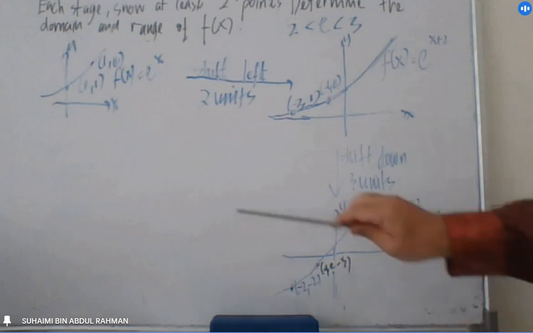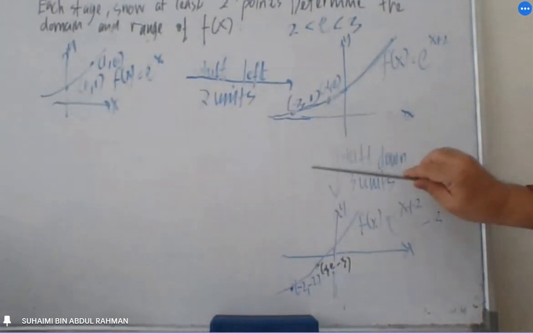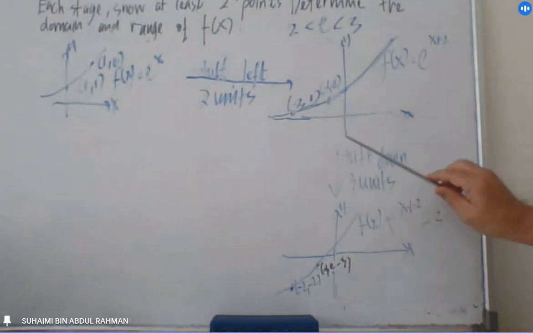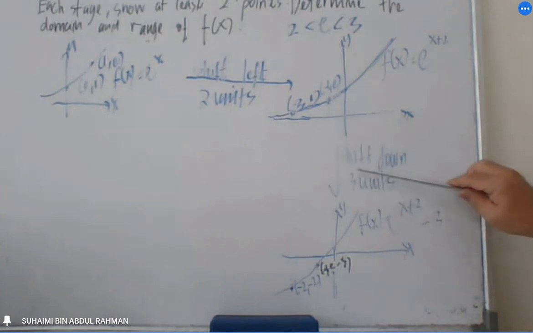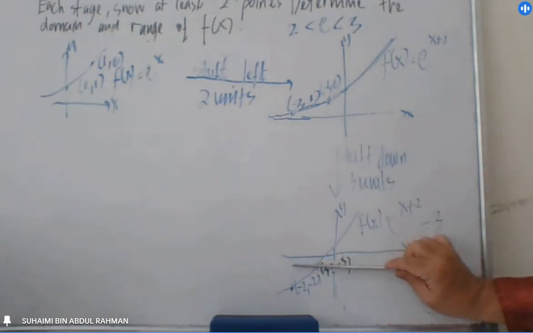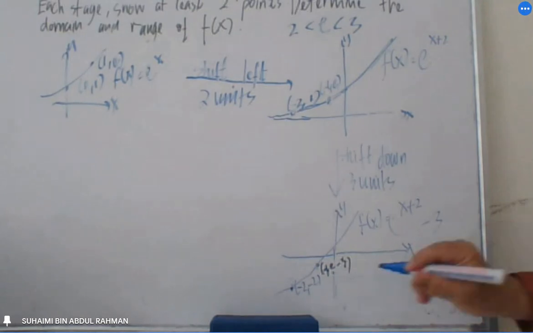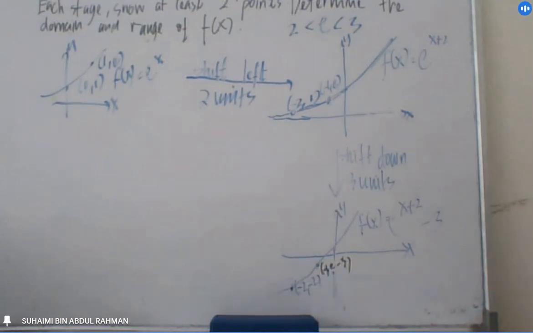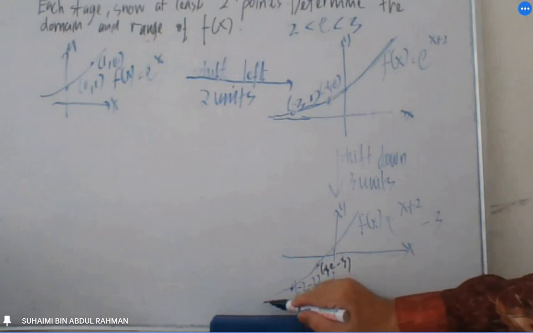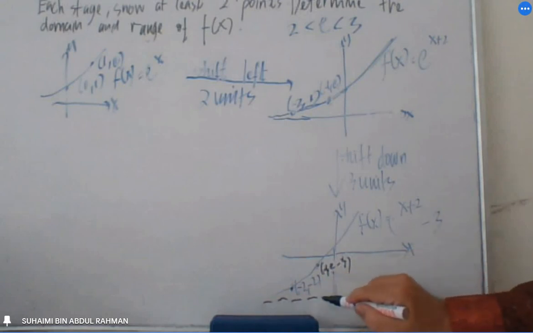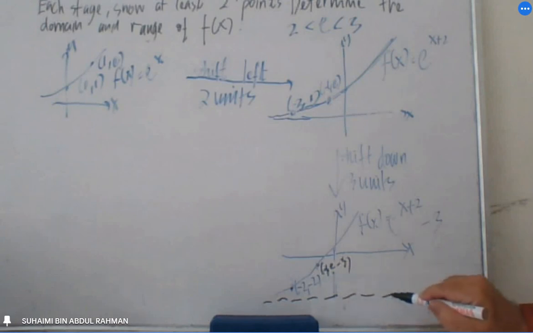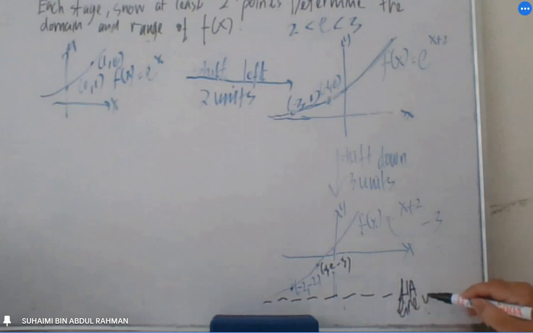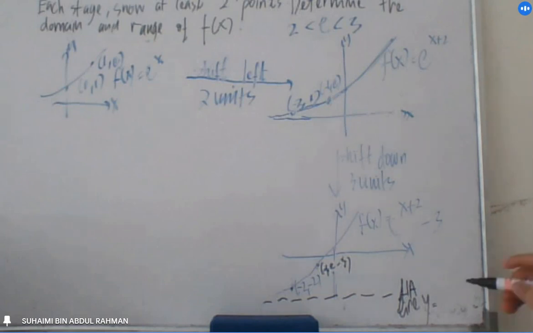You see, the asymptote is here. I said before, when the graph goes down how many units? 3 units. Therefore, the asymptote also goes down 3 units. So we have a new line here as our horizontal asymptote. Line y equals what? -3.